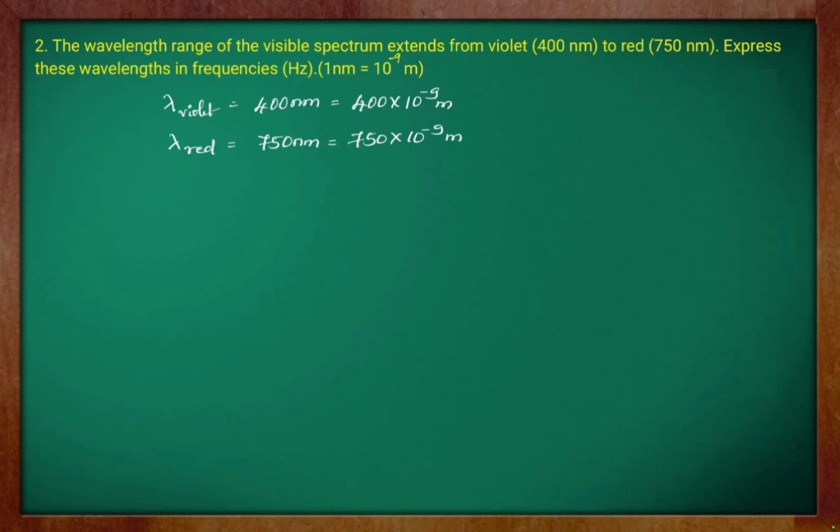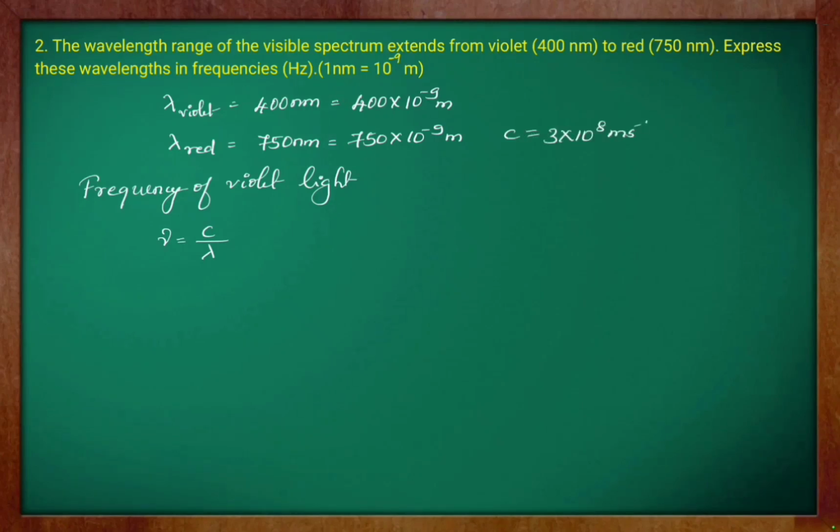We need to express these wavelengths in terms of frequencies. So first let us find the frequency of violet light. It is calculated by using the formula nu is equal to c by lambda. We know c has a value of 3 into 10 to the power 8 meter per second.